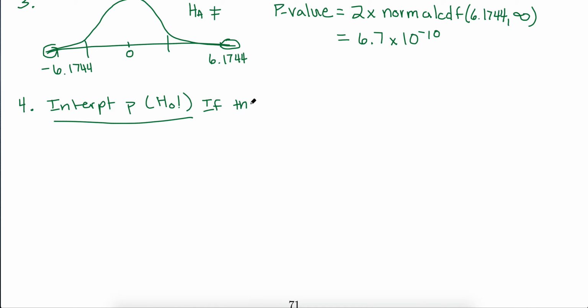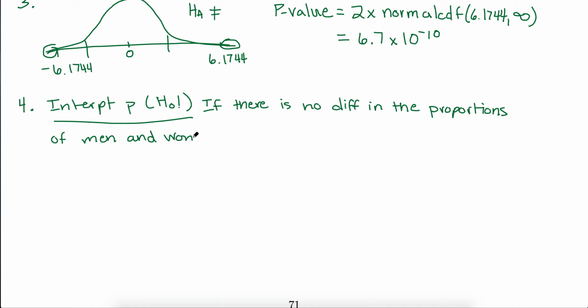So we'll say if there is no difference in the proportions of men and women living at home, so again, that statement is our null hypothesis, putting that in words.